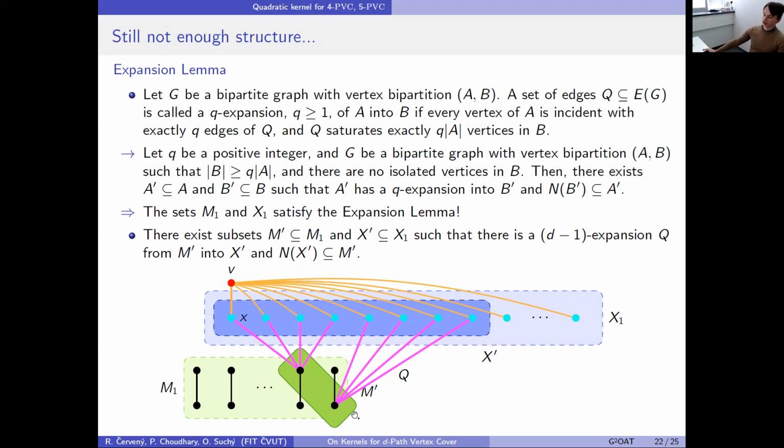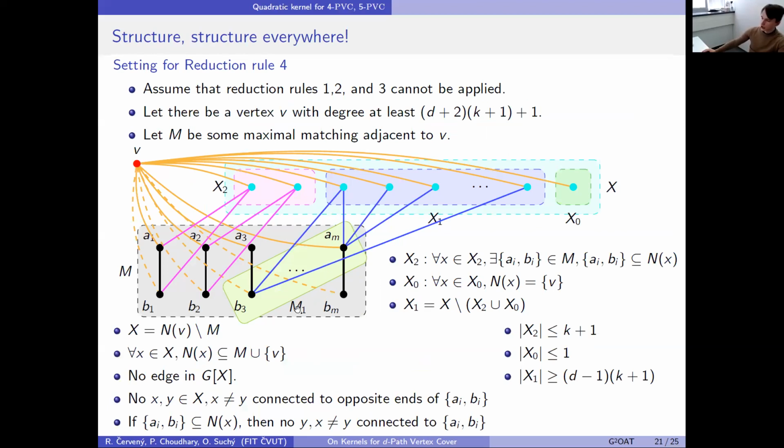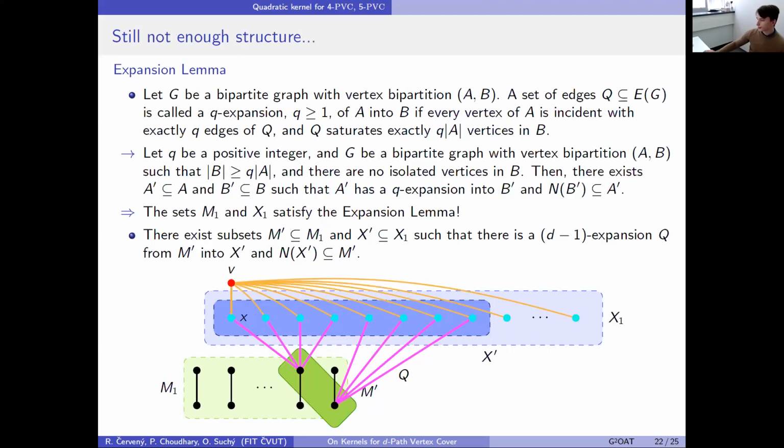If the conditions are satisfied, we will be able to find some vertices in our set M1. Yes, that I should have said, sorry. The set M1 are the vertices to which the vertices from X1 are connected to. So that we know what we are talking about.